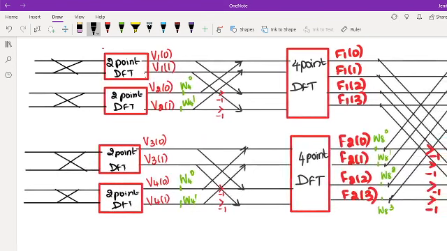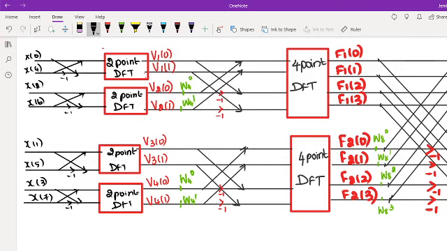Previously we got that this is from x of 0 and x of 4, this is from x of 2 and x of 6, this one is x of 1 and x of 5, and finally this is from x of 3 and x of 7.